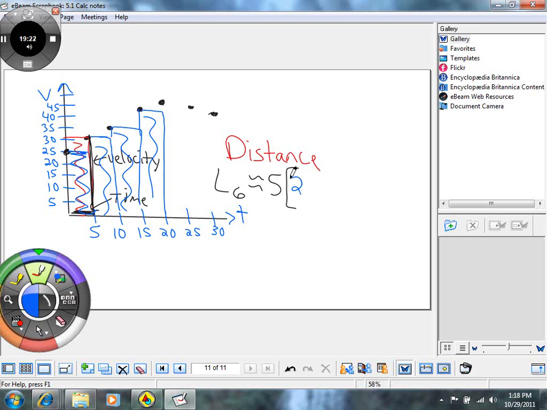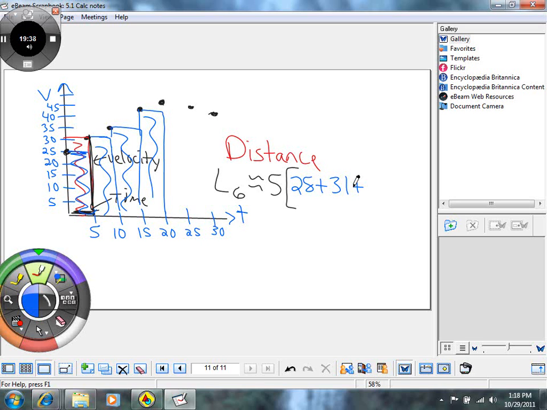So the first one is 25, and then the next one is 31. I'm going to end up using all the values in the data table, except when I'm doing the left, I don't use the last one on the right.